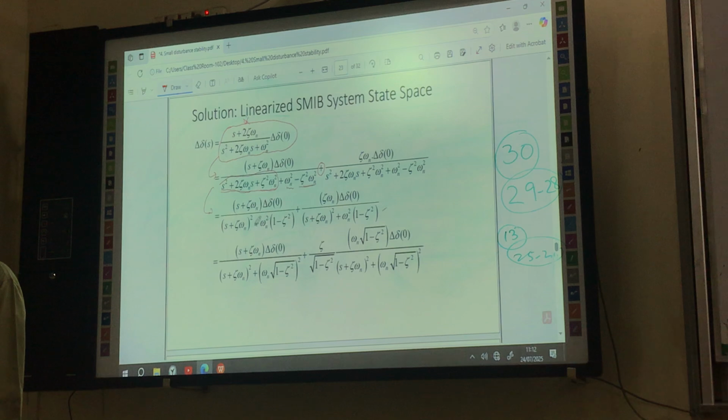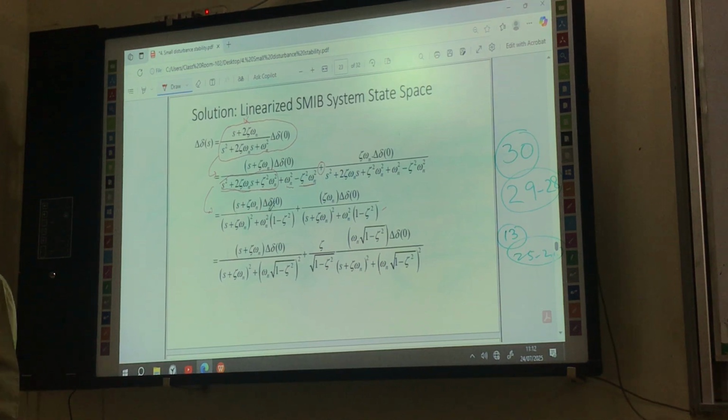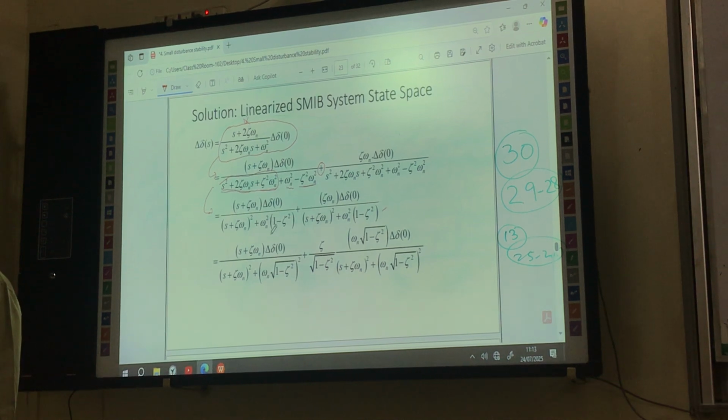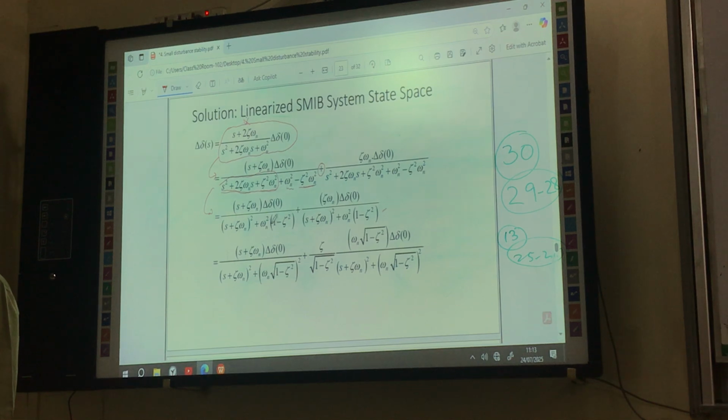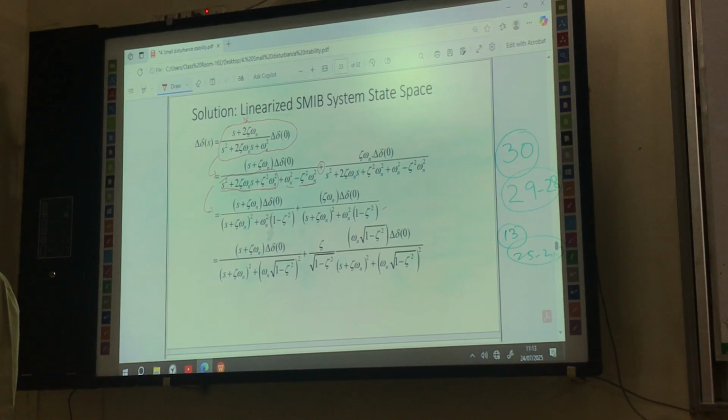So look, this is S plus zeta omega n square, and here as well. Look, this term is square, and here if you place root over here, it will also be square. See, it is written like omega n root over 1 minus zeta square whole square.